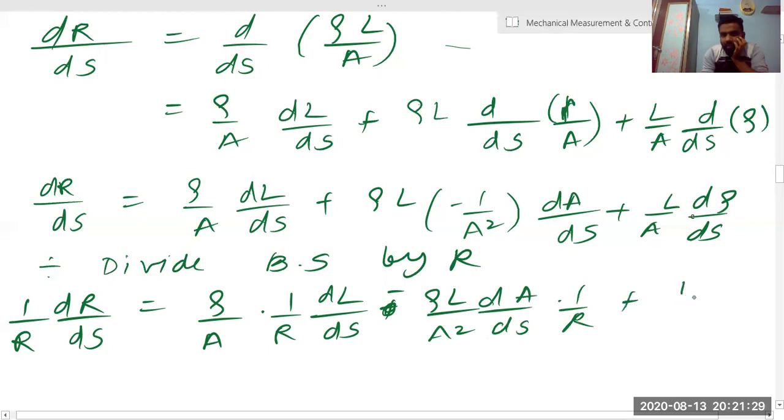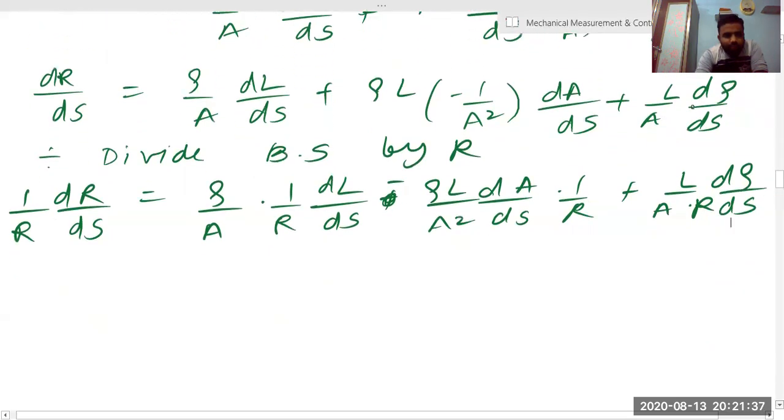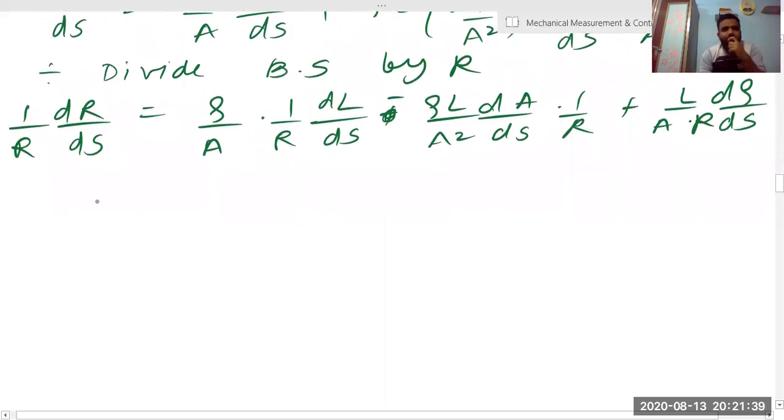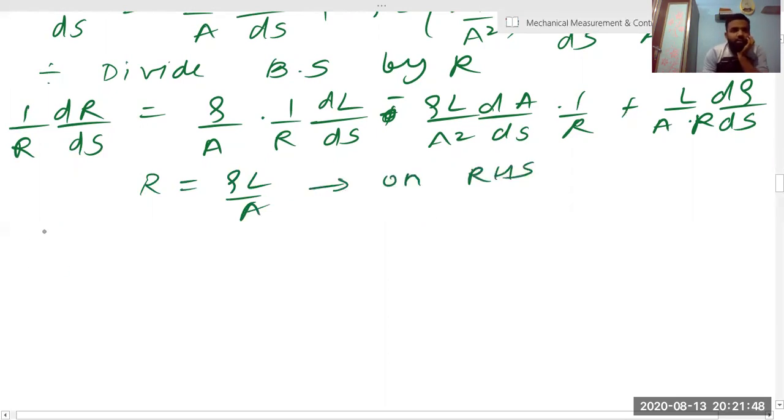And again L by A into 1 by R d rho by dS. Now for simplification I can write the value of R, R is equal to rho L by A, and put it on the RHS only, not on the LHS.